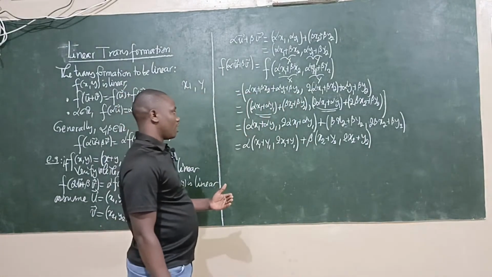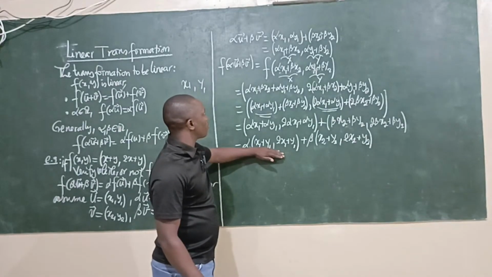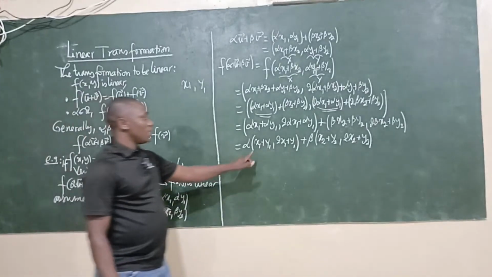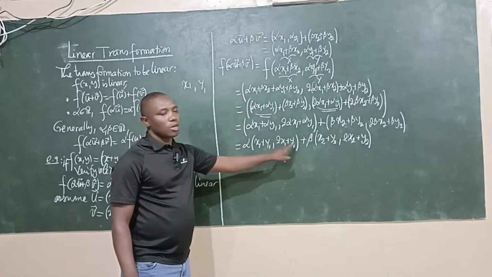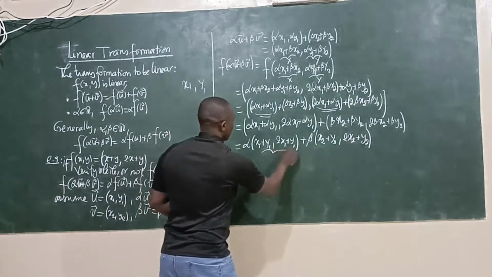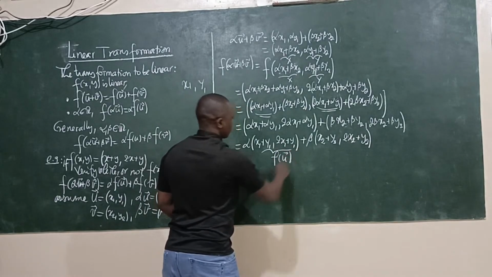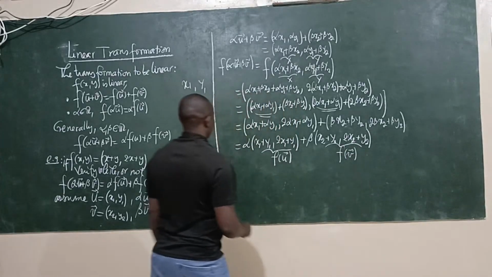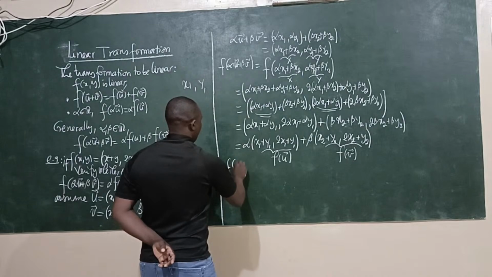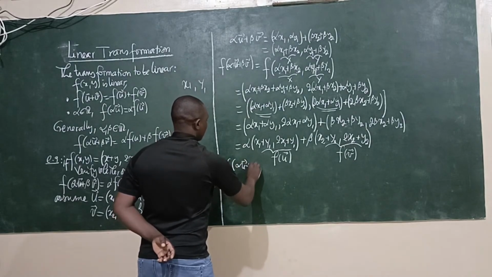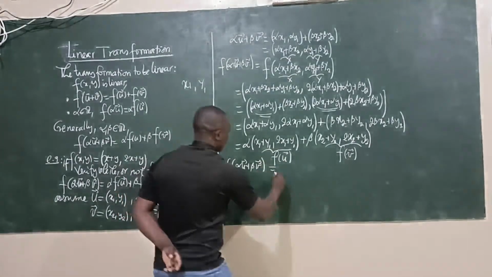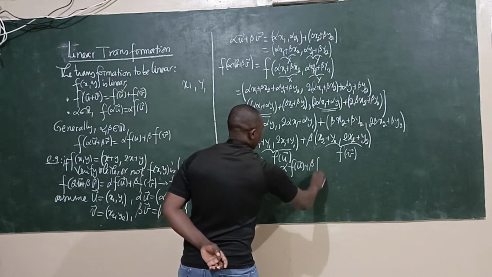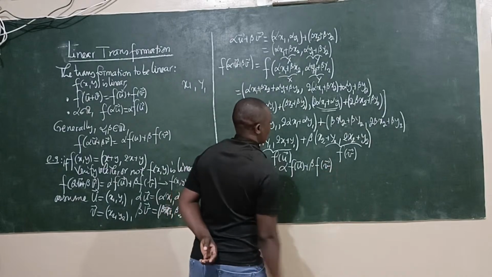As you can see, this is a function of u because our u is x1, y1. And as you see, this is x1, y1, x1, y1. This is a function of u. And this is going to be a function of v. So for this, f of alpha u plus beta v will be alpha times f of u plus beta times f of v.